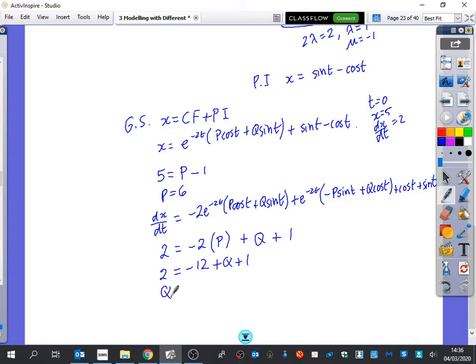So that's q is 13. So x equals e to the minus 2t, 6 cos t plus 13 sine t, plus sine t minus cos t.